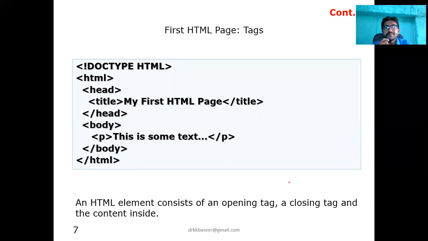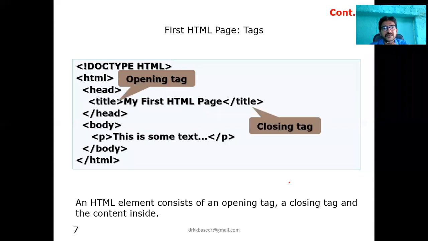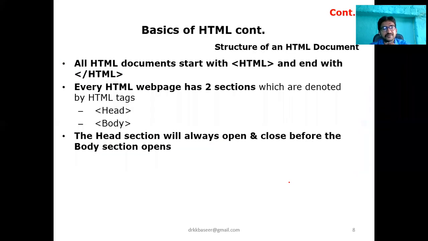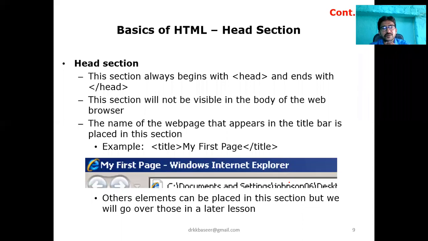In programming, every program starts from main, maybe in C or C++ or Java. In the same fashion, the structure will not change from program to program. Now, as I discussed earlier in the first chapter, there is a title, opening tag, closing tag. HTML consists of two sections: one is head, another is body. Head talks about the title.